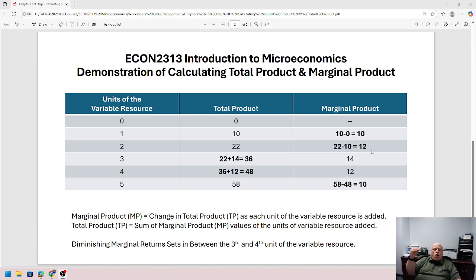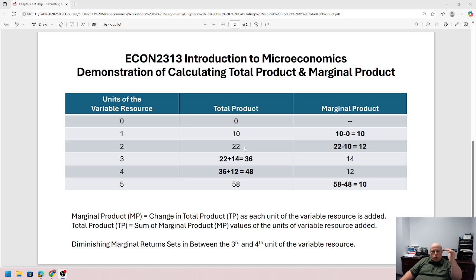Now, on the third unit, instead of giving you the total product and having you calculate marginal product, it's doing the opposite. So it's giving you the marginal product values in that third column, and then you're going to need to figure out the total product. So, very simple. For total product, you're just going to look at what the total product was for the previous unit, right?